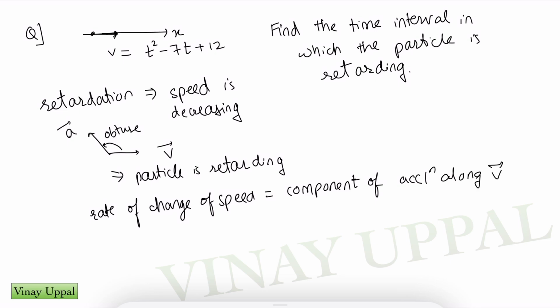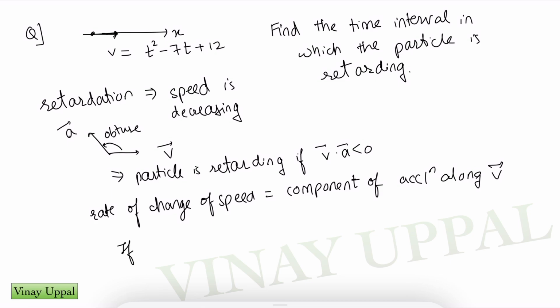The speed is the magnitude of the velocity vector, and acceleration is the rate of change of the velocity vector. So if the component of acceleration along velocity is parallel to velocity, then the velocity magnitude will increase. If it is anti-parallel to velocity, then the velocity magnitude will decrease. Basically, the particle is retarding if v dot a is negative. The dot product being negative means that the angle between the two vectors is obtuse.